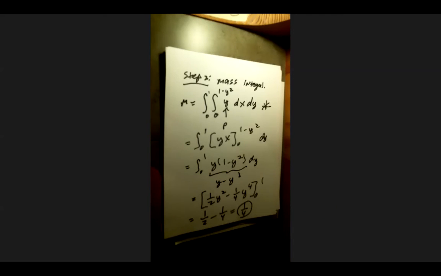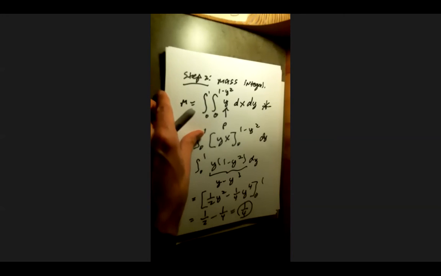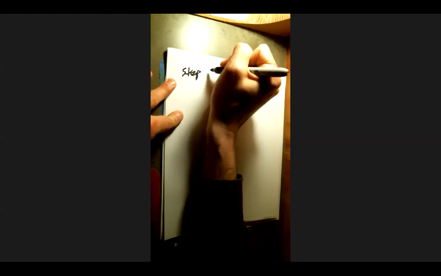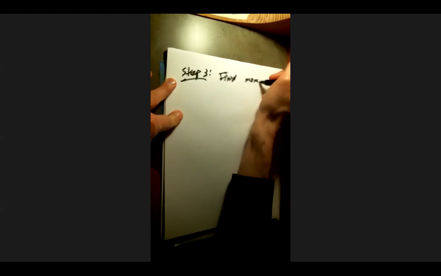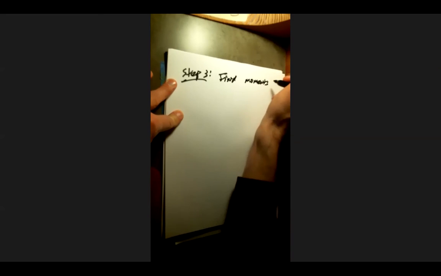All right. So the next step is going to be to find the moments. Not moments of inertia, just the moments. So step 3, we need to find the moments.